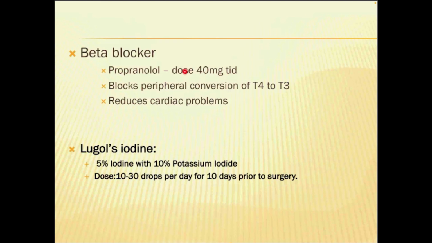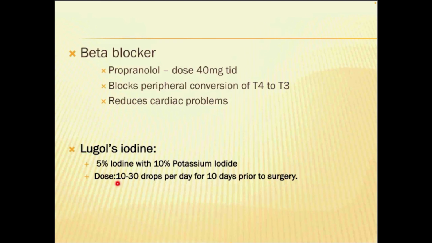Okay, Lugol's iodine contains 5% iodine with 10% potassium iodide. This is given at a dose of 10 to 30 drops per day for 10 days prior to the surgery.